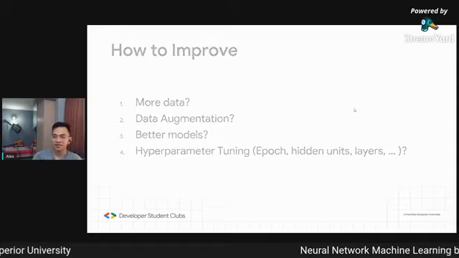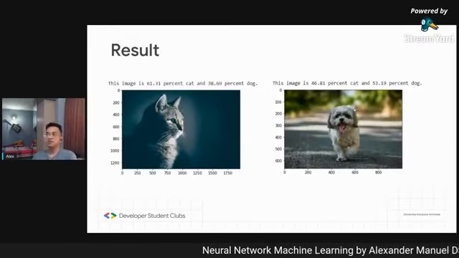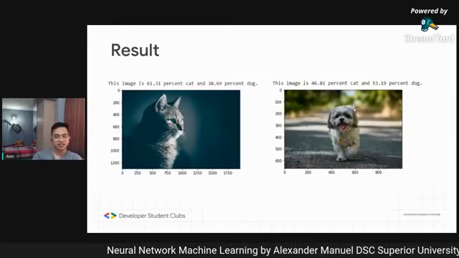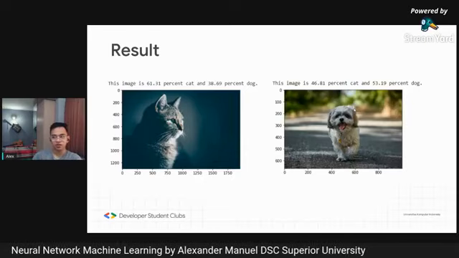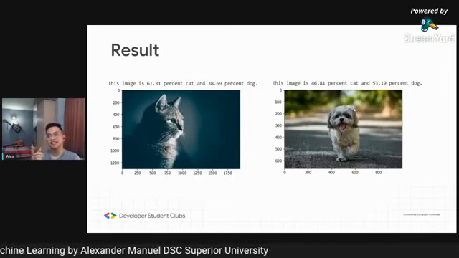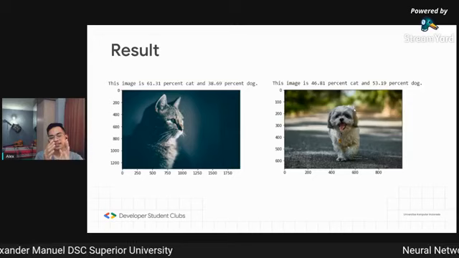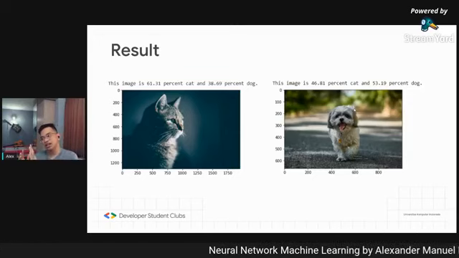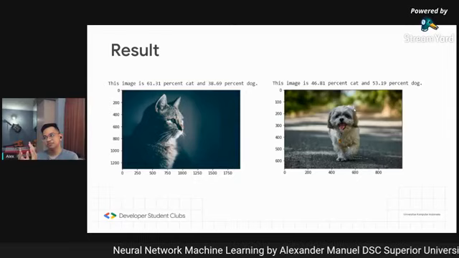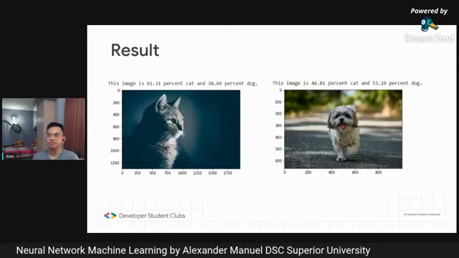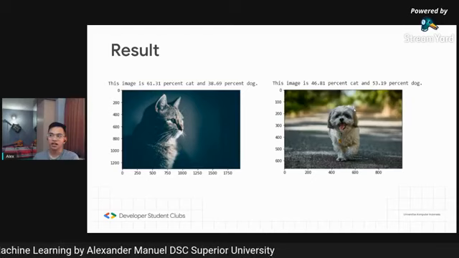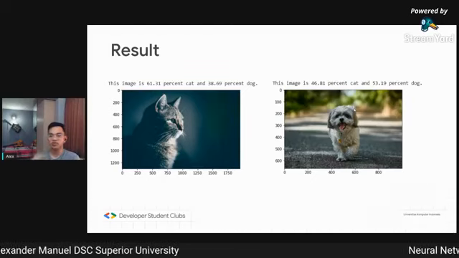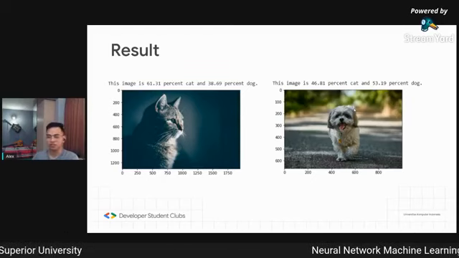But let me explain something. The problem is the neurons. The reason it doesn't recognize that it's a cat is because it receives an input that is really abstract, and you don't know the correlation. You know causation and correlation.